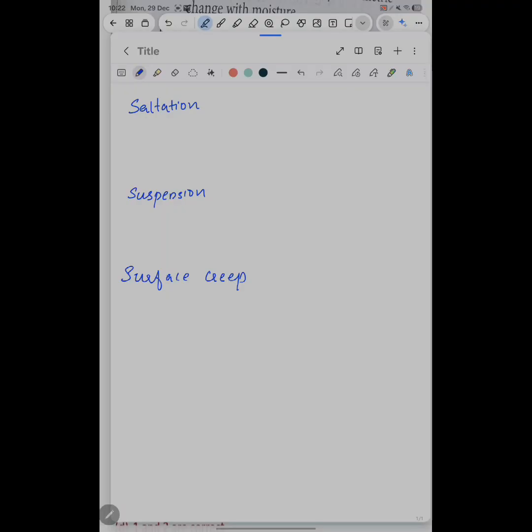Saltation is a process of wind erosion where soil particles are lifted and bounced along the surface of the ground.